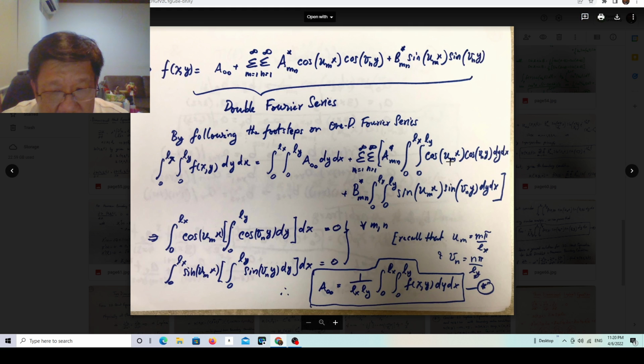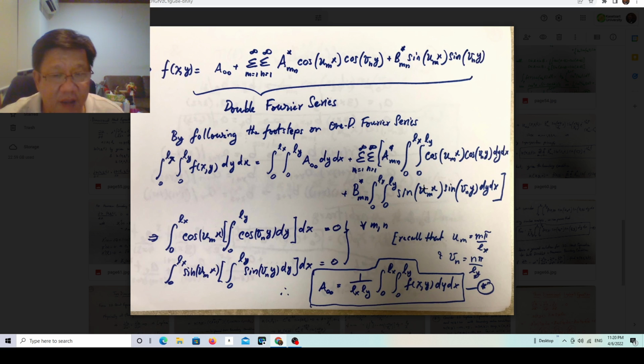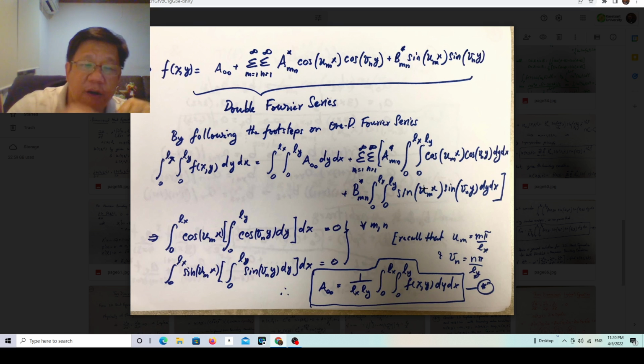You end up over here that this is an integration of cos and integration of sine. You can see that when you integrate over the whole domain, if it's a periodic function, it repeats itself, cos and sine.